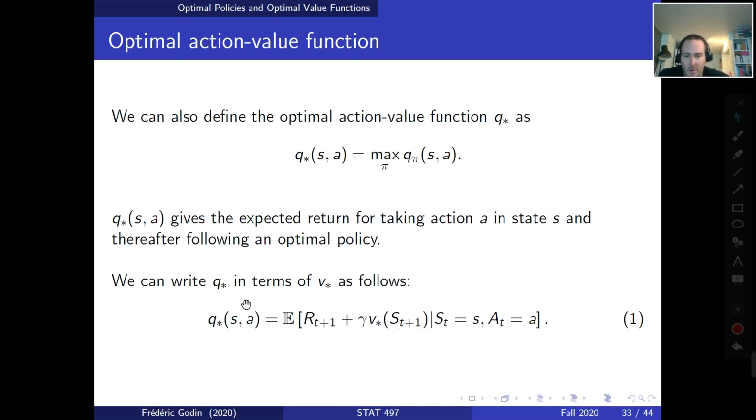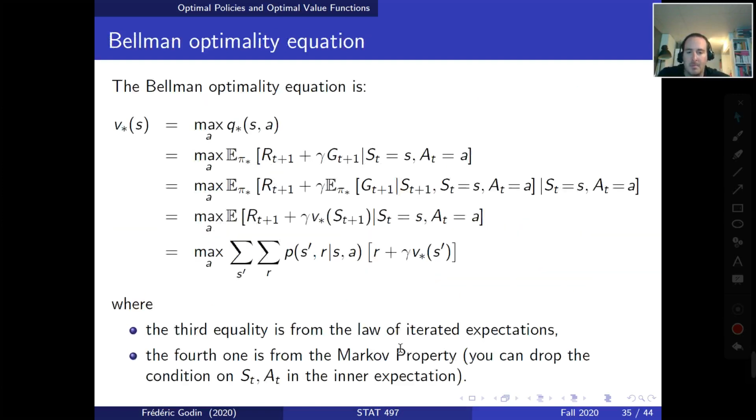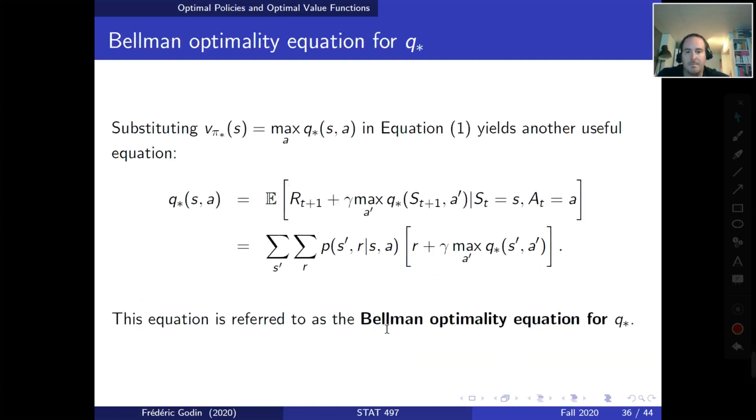Okay, so we can take this equation, copy it, and paste it here.